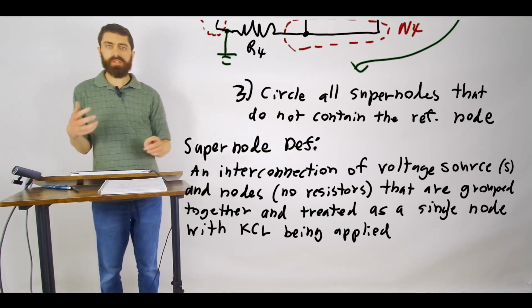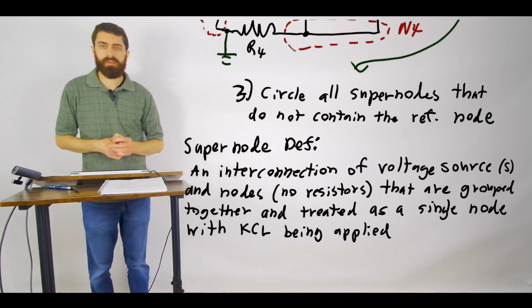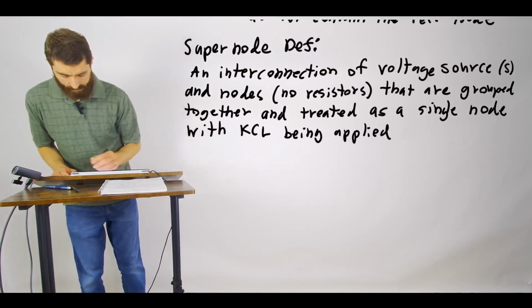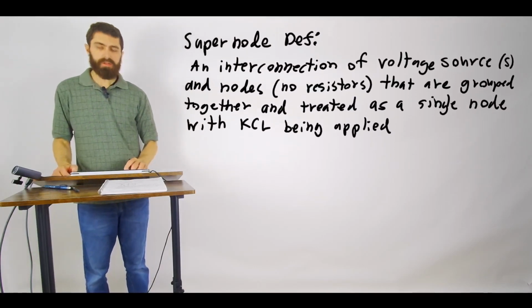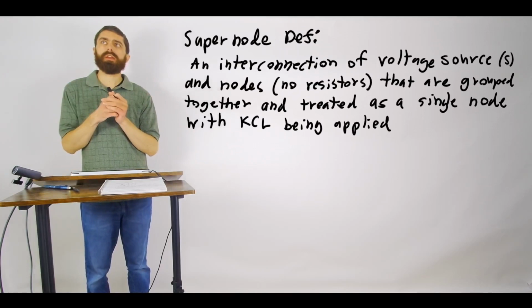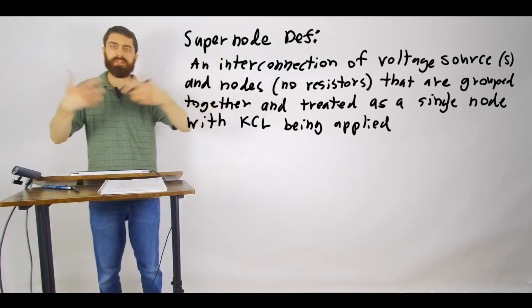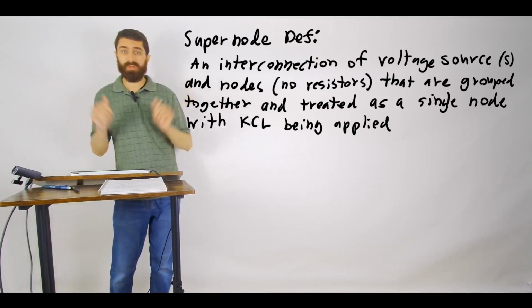So essentially the whole idea behind a supernode is that we're used to applying KCL to just a single node, right? The sum of the currents into a node is equal to 0.